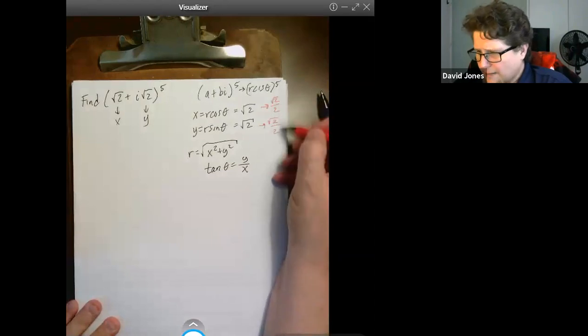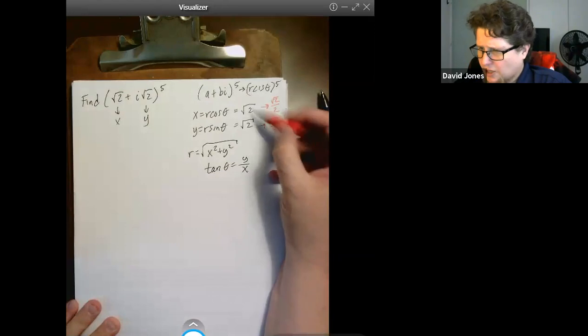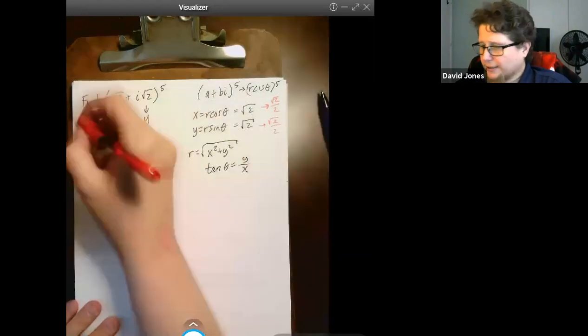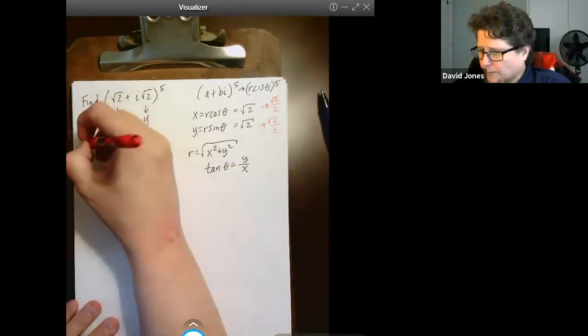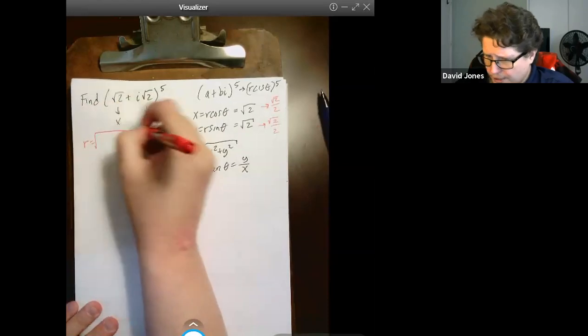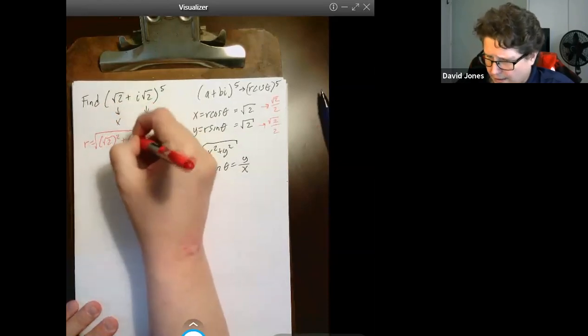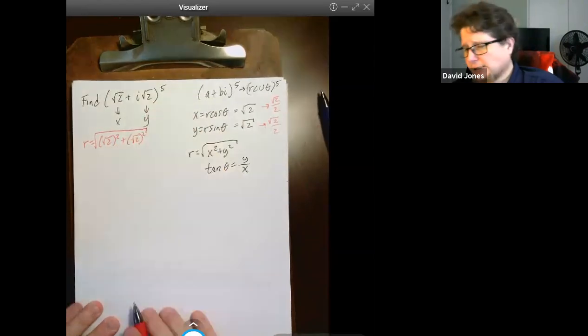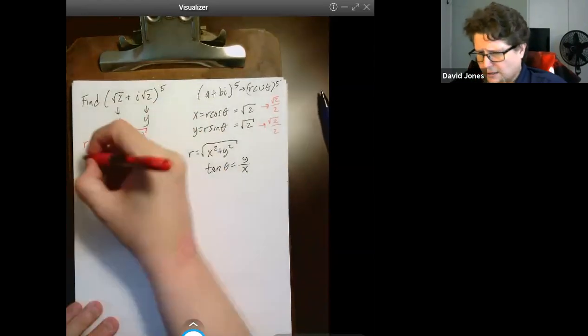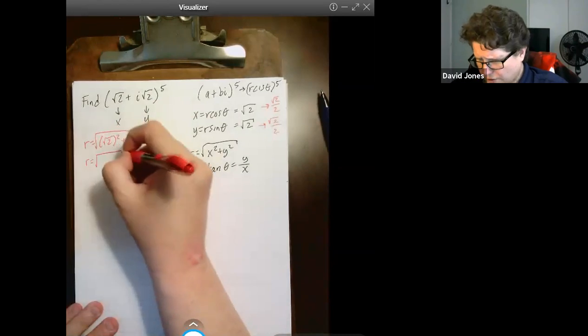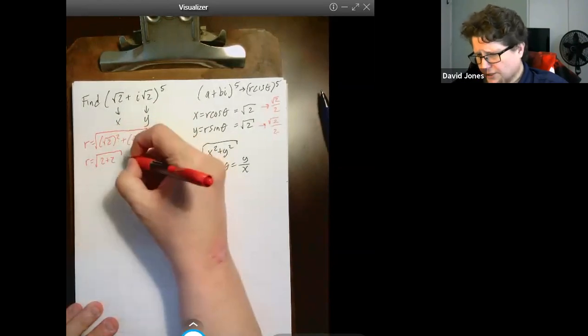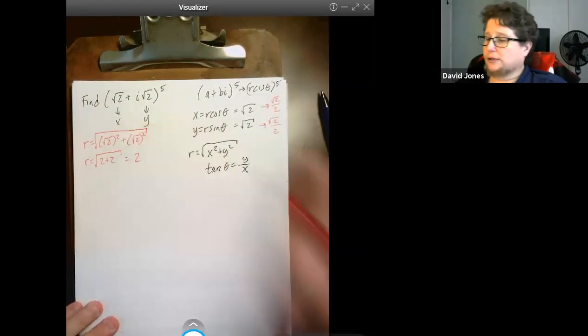This looks like maybe it's going to be 45 degrees, but the radius is off. Maybe I need to double the radius. Let's take a look. r is the square root of the square root of 2 squared plus the square root of 2 squared. So r is the square root of 2 plus 2, which is the square root of 4, which is 2.